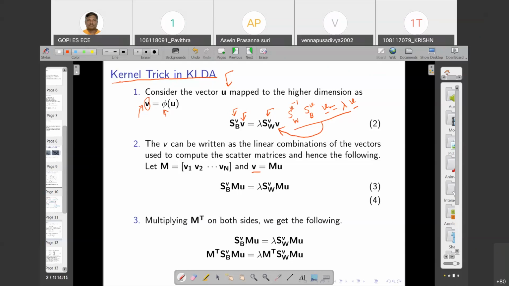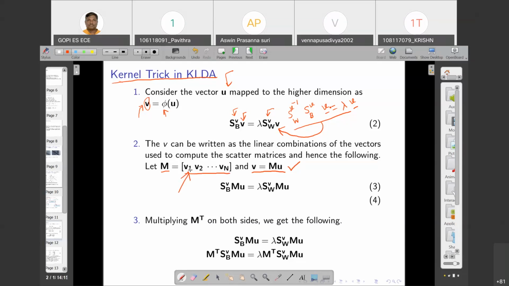So we are going to replace this V with M into U. As you know, the eigenvector lies in the space spanned by the vectors used to compute the matrices. So we construct this matrix M with all the vectors used as training data from all the classes.